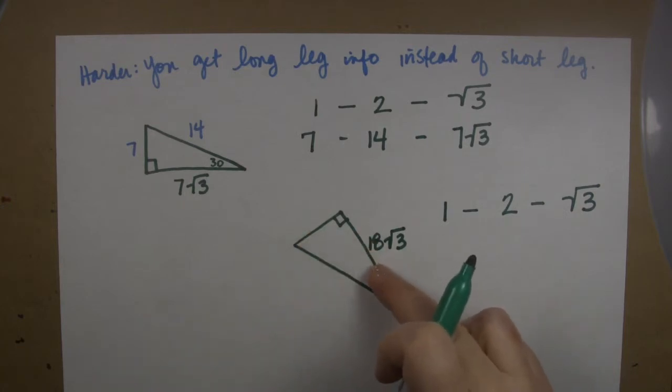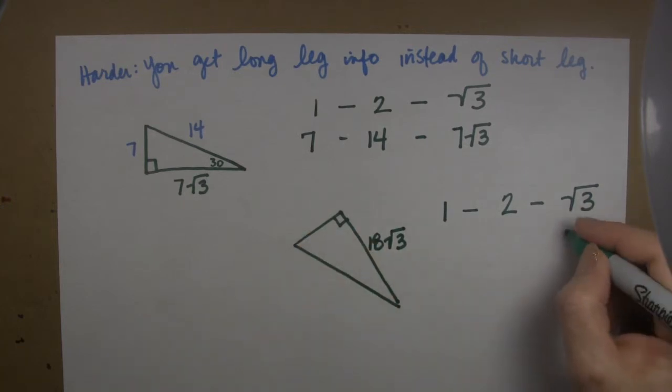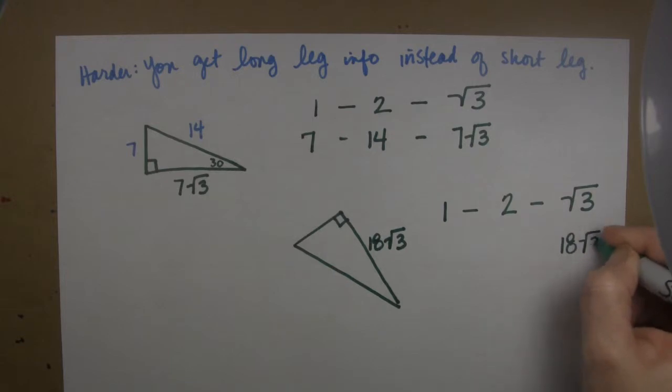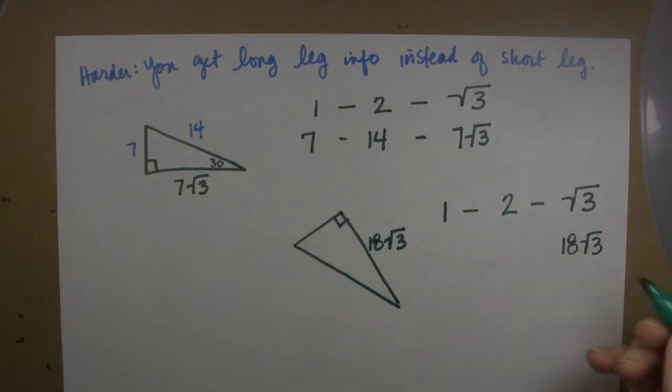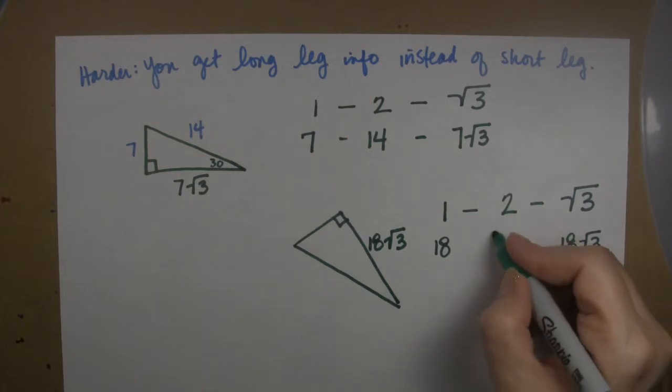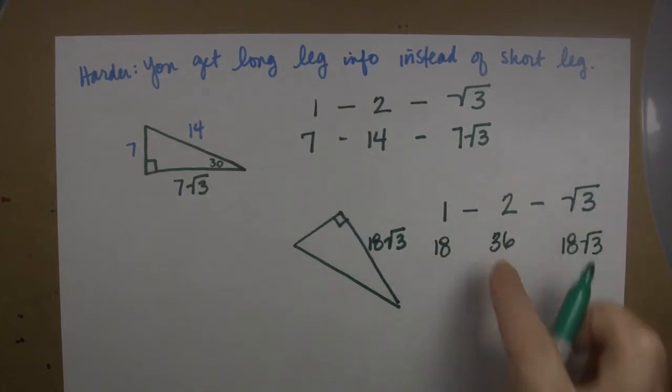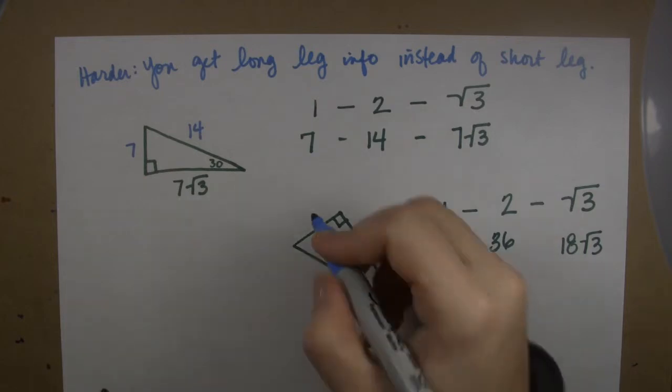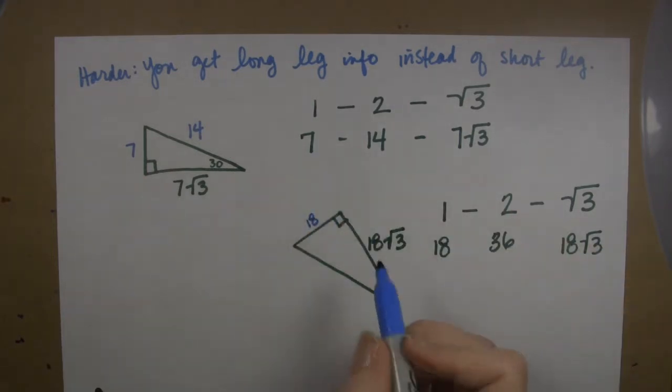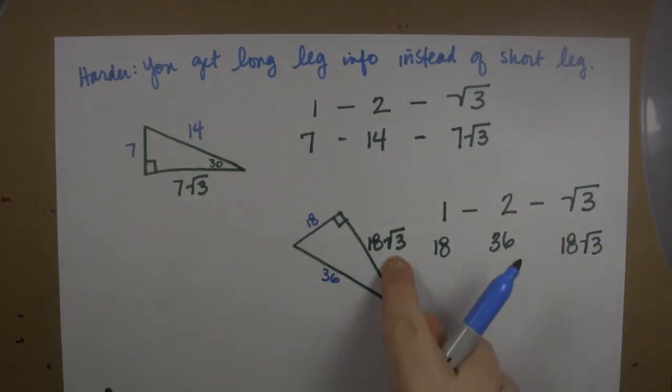We know the long leg, and so that is 18 root 3. So then our one side must be just 18, and our 2 side is going to be 36. 18 times 2 equals 36. So this will be 18, this will be 36, and this will be 18 root 3.